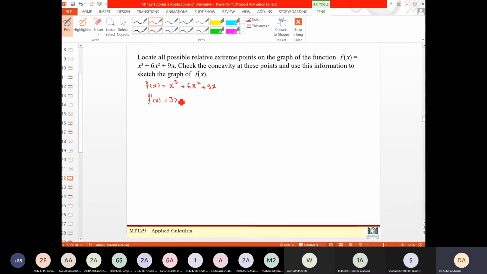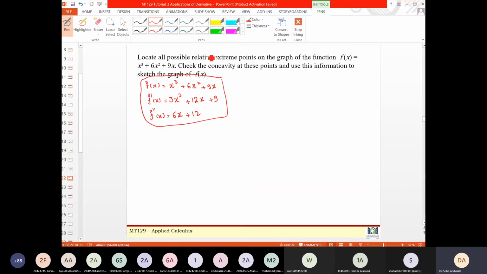It's 3x squared plus 12x plus 9. I'm gonna find f double dash of x as well, I need it. This equals 6x plus 12. Right? This will be my first step. This is f dash and f double dash.